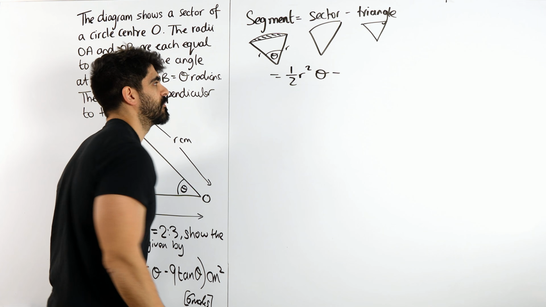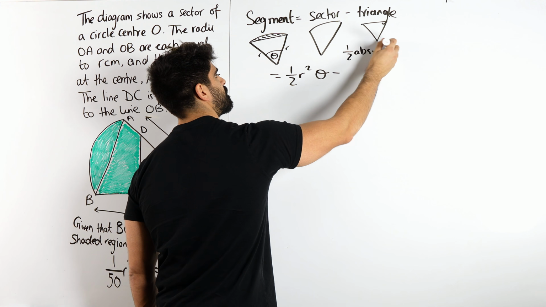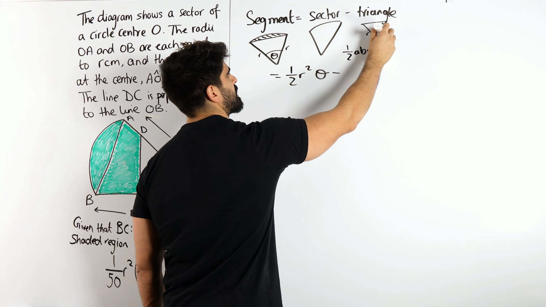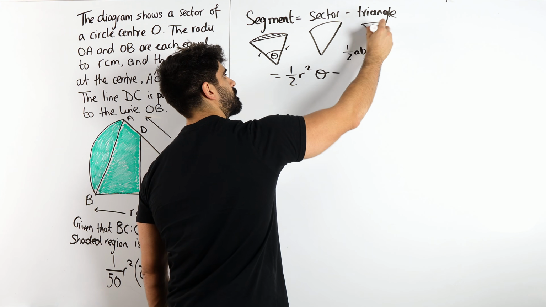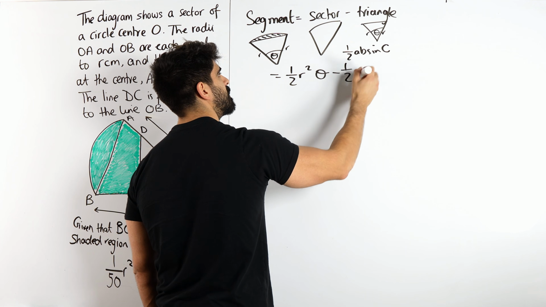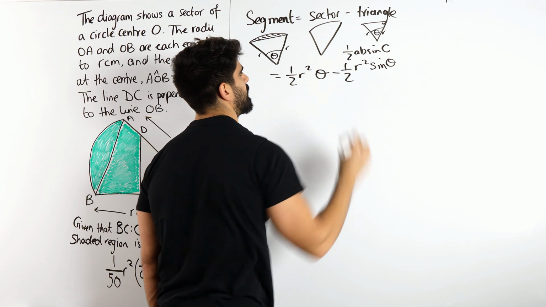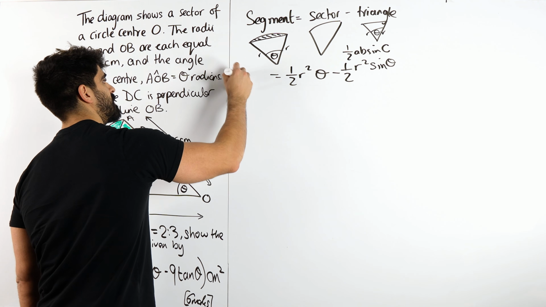Then we're going to minus half AB sine C. Now with this, your A and B are the exact same, they're both R. Half AB sine of the angle: when you multiply the R's together, you get a half R squared sine of the angle. Okay, so there's my segment area.